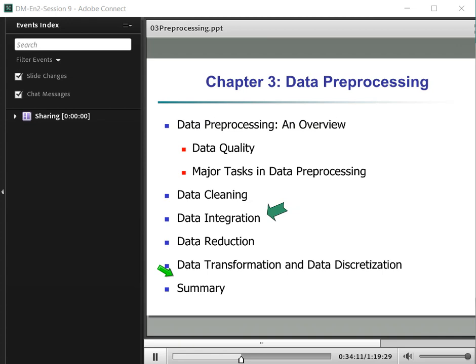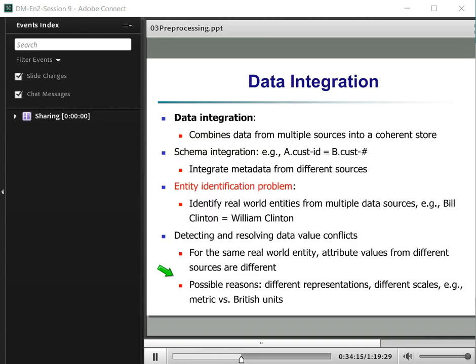Okay, so data cleaning is an important task for us. The second major task in pre-processing is data integration. Data integration is necessary when we are working with multiple sources of data.